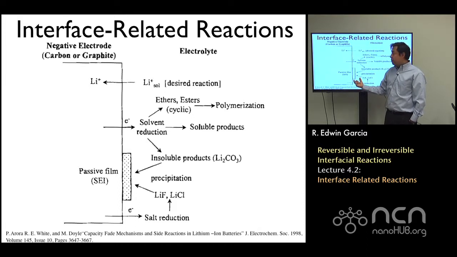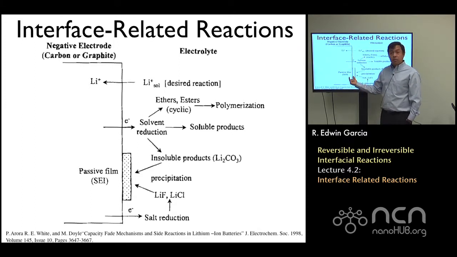You would think that this interface, this layer, is something that is undesirable, but it turns out that without the appearance of this interface, we wouldn't be able to have a battery at all, because that allows you to specify an overpotential that will drive, as we have discussed in the previous lecture, lithium and electrons reaction into the particle.